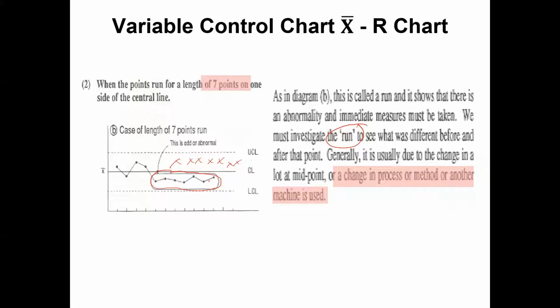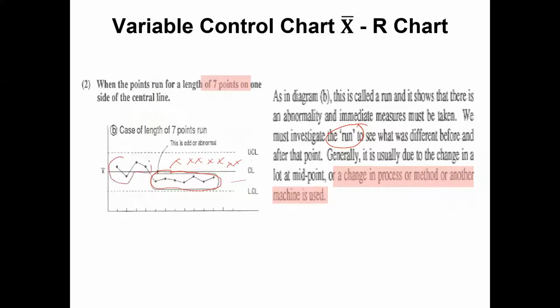And the action required is to look into the process, methods, or machine. What does it mean? It means that this scenario, run, is potentially caused by a change in the process, a change in the method, or perhaps another machine used. Example, look at the slide here.